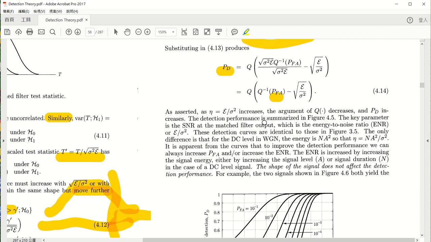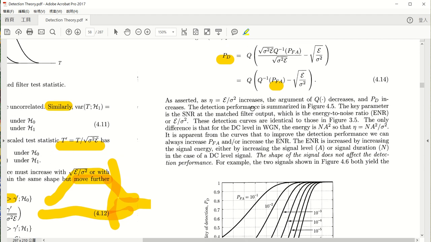So we can build a relationship between PD and PFA. However, it's dependent on this constant, and we call it eta, and it's called energy to noise ratio or signal to noise ratio.